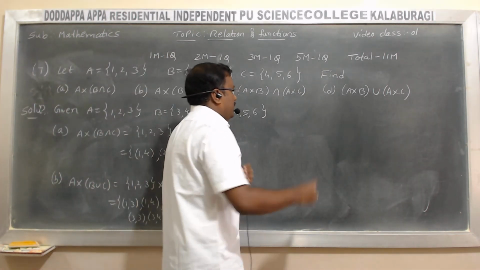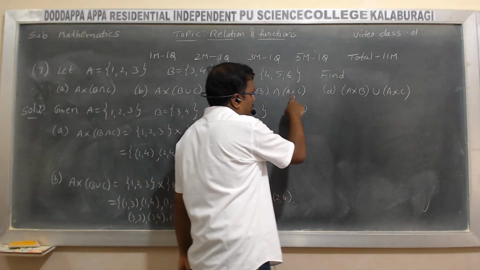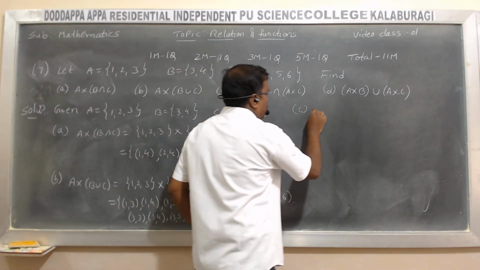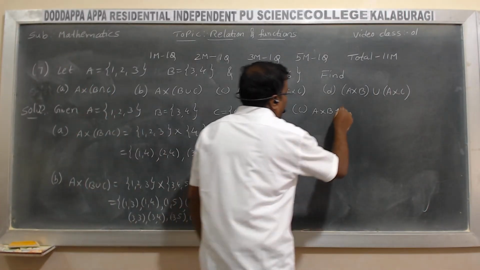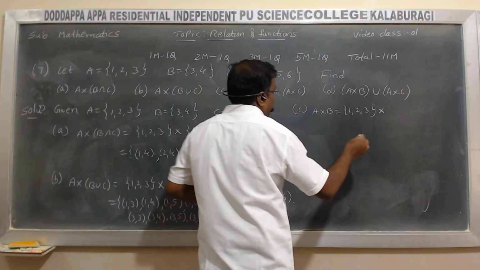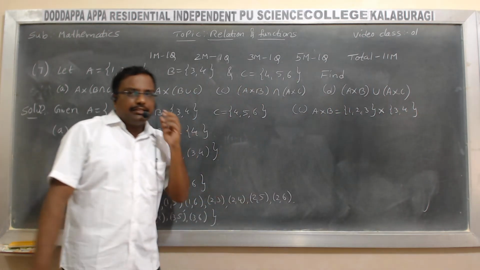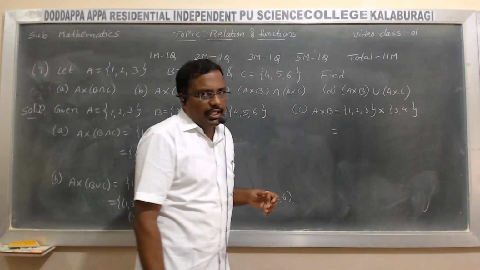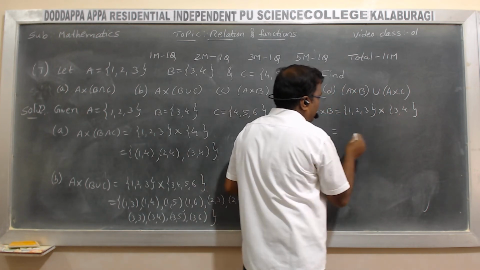Next you can find the third one, (A cross B) intersection (A cross C). So first you have to find A cross B. What is given? The A set is {1, 2, 3} cross the B set {3, 4}. So as usual, by using the Cartesian product, you can find A cross B. Here the first element is 1, here the first element is 3.